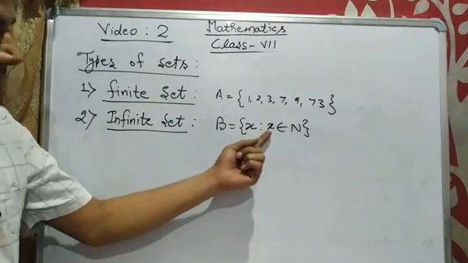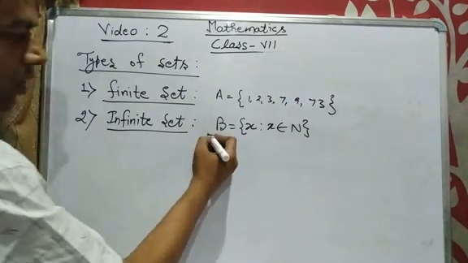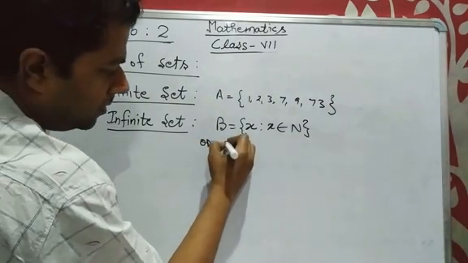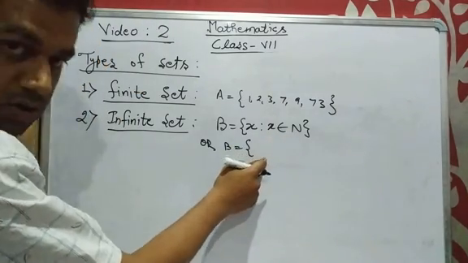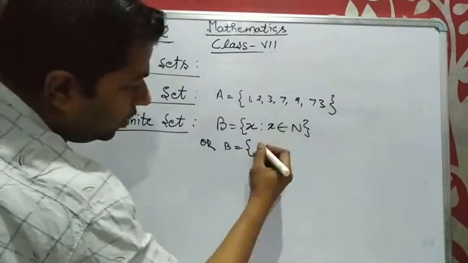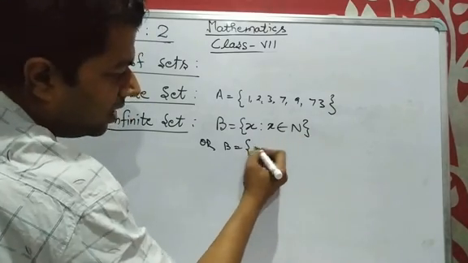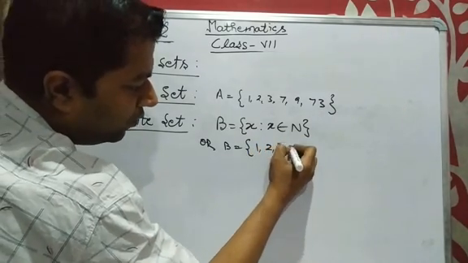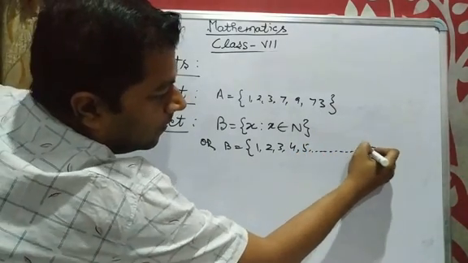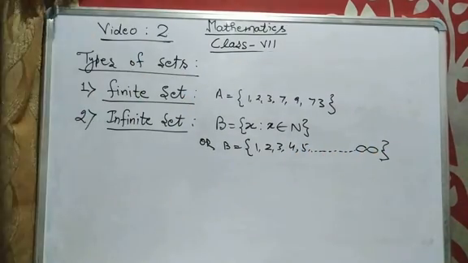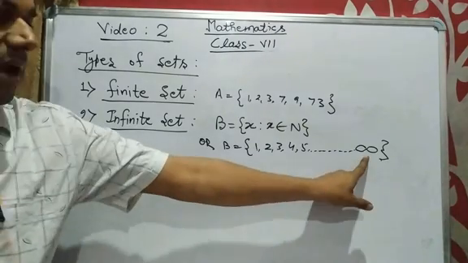Simple. S belongs to natural number. While you will convert this into the roster method, you will see natural numbers 1, 2, 3, 4, 5, dot, dot, dot, up to infinite.